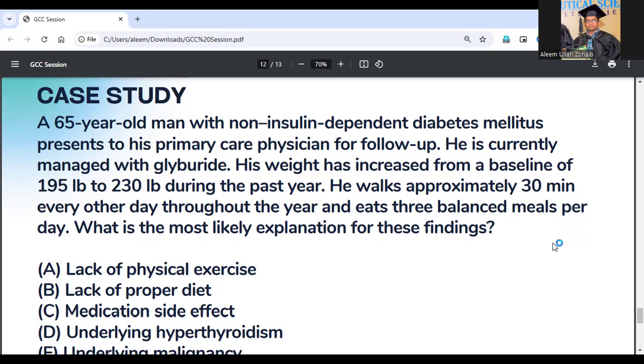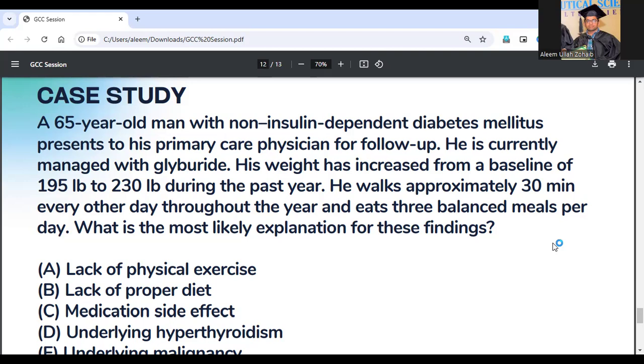Now, see the first option, lack of physical exercise. Now, see the question. His weight has increased from a baseline of 190 to 230 pounds during the past year. He walks approximately 30 minutes every other day. Option A, lack of physical exercise, is contrary to the question, which states he walks 30 minutes every other day, which is sufficient exercise for a diabetic patient.